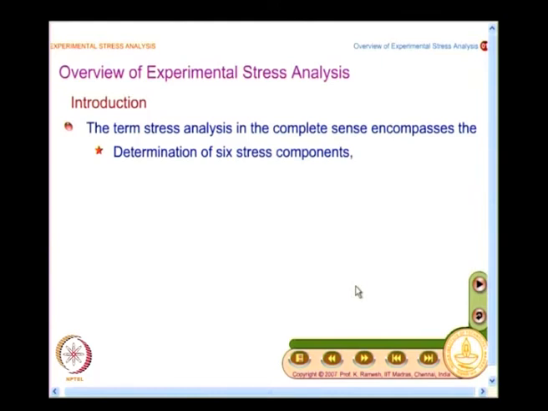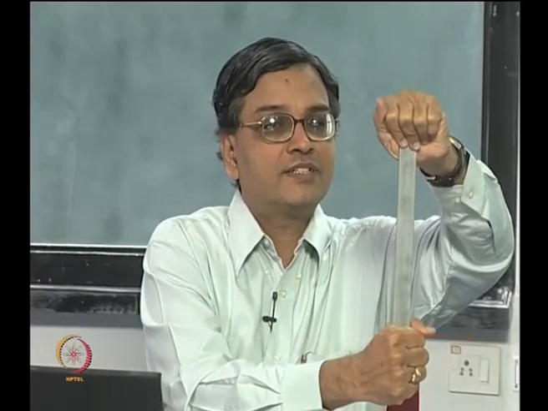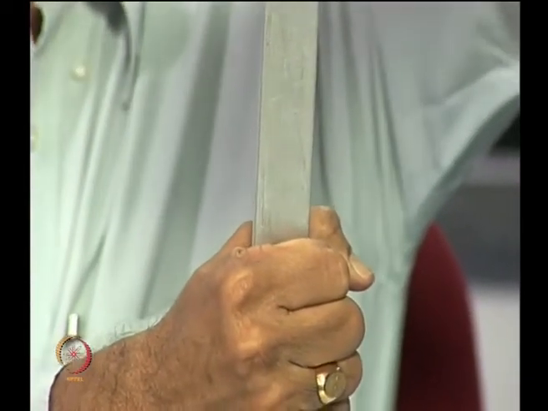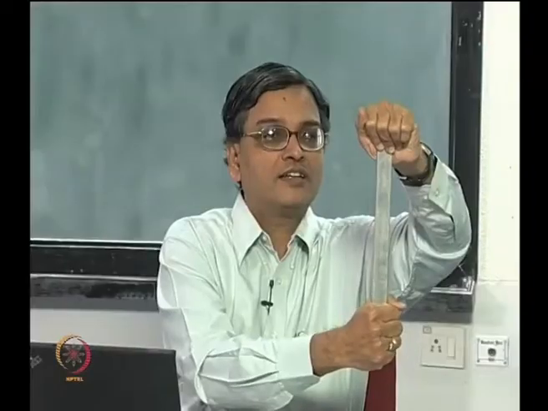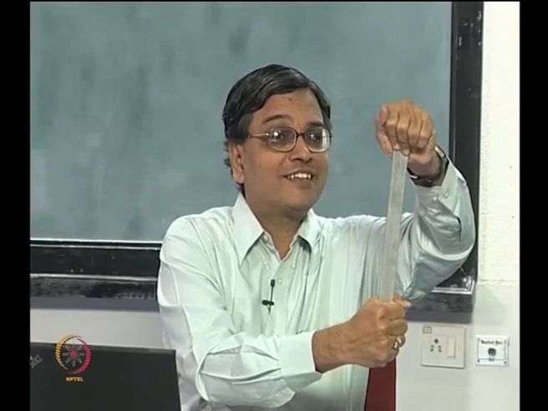Suppose I take a member like this and apply a tension, you all know stresses are developed. Suppose I apply the load as P and the area of cross section is A, what is the value of stress? Where are the 6 components? You are only saying one.